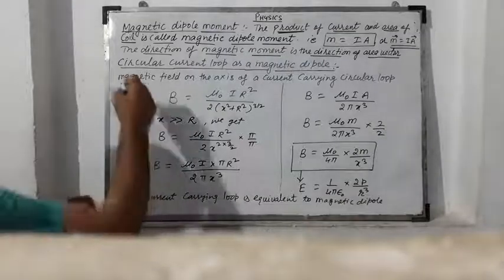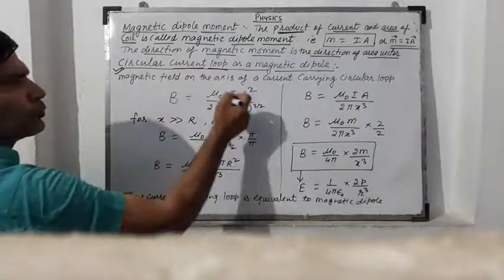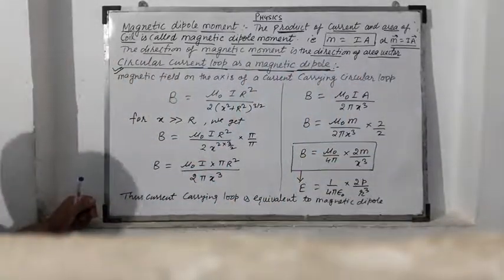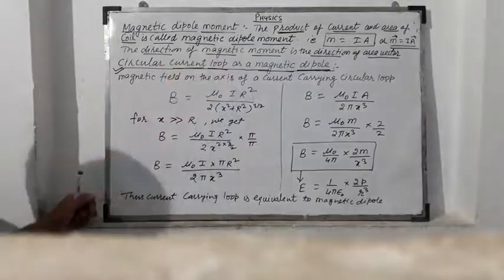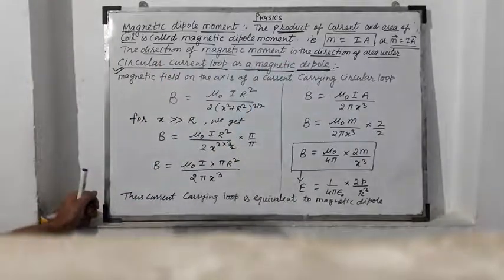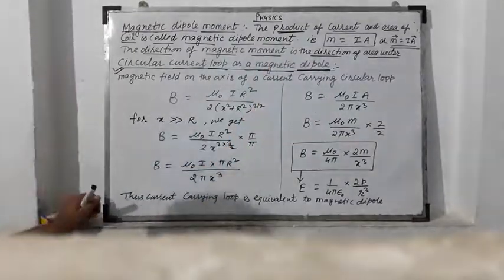Now our new topic, circular current loop as a magnetic dipole. First we take a circular current loop and prove it is a magnetic dipole. It means it has two poles.